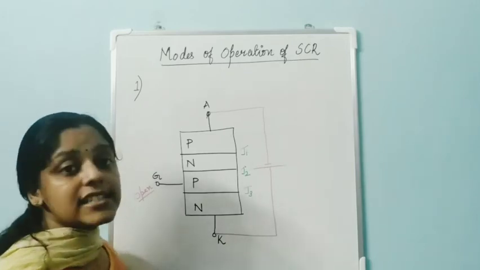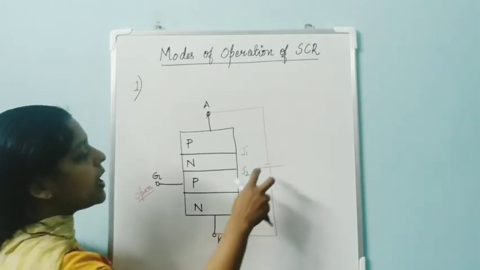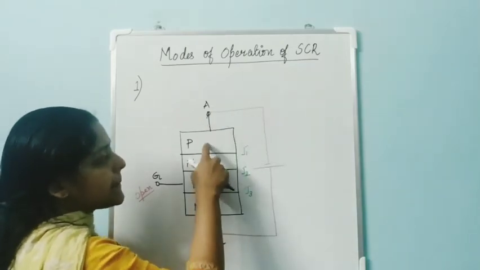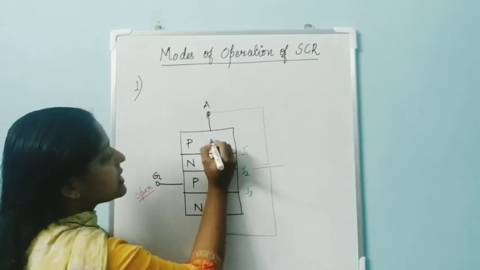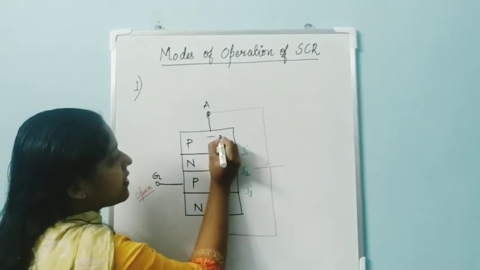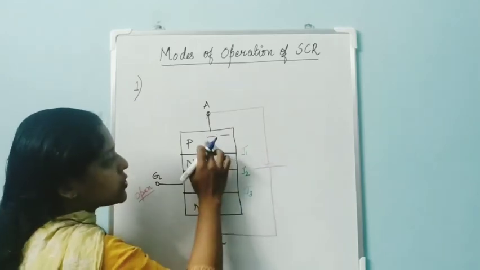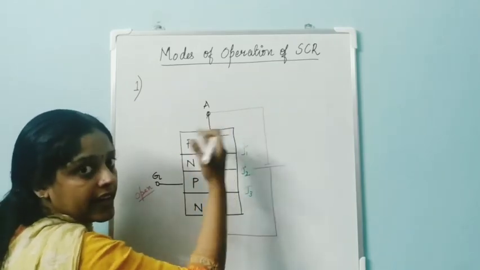Now let's analyze each layer. Here the negative terminal is connected to the P region, so the P region is connected to the negative polarity and gets more negative charges.